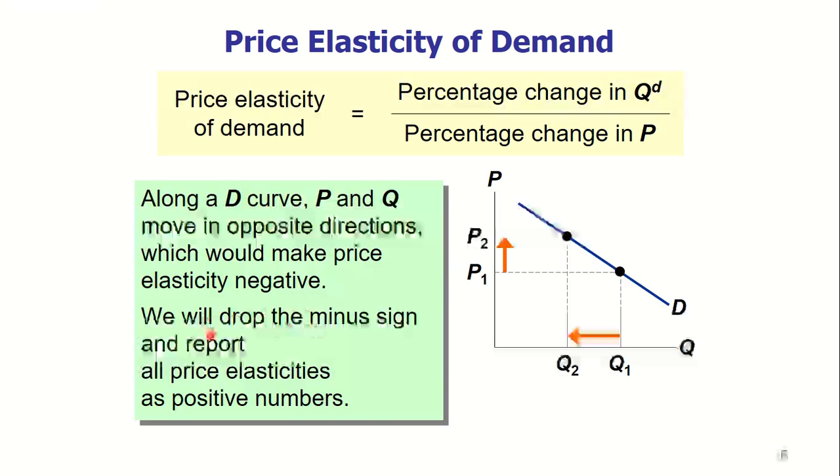We will drop the minus sign and report all price elasticities as positive numbers. It's worth noting price and quantity move in opposite directions, which means that percentage change in quantity and percentage change in price will have opposite signs, which shows a negative price elasticity when you think about the ratio.